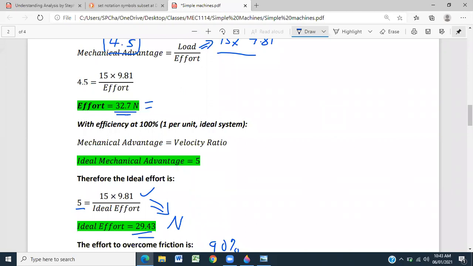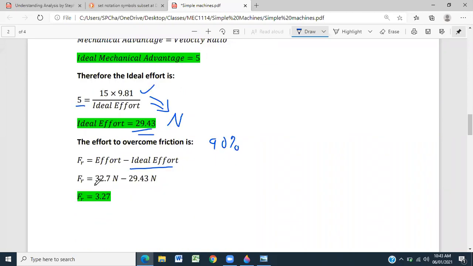Now, subtracting the ideal effort from this 32.7 newtons, we find how much is being lost to friction, and it turns out that's 3.27 newtons. That's how much is being lost to friction.